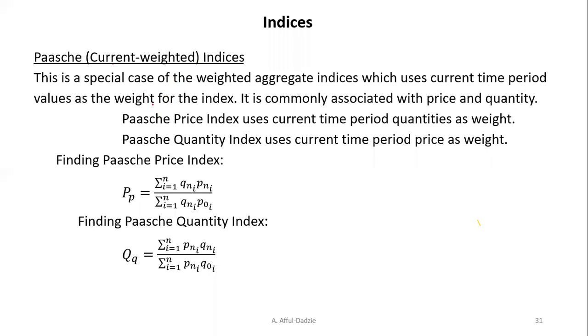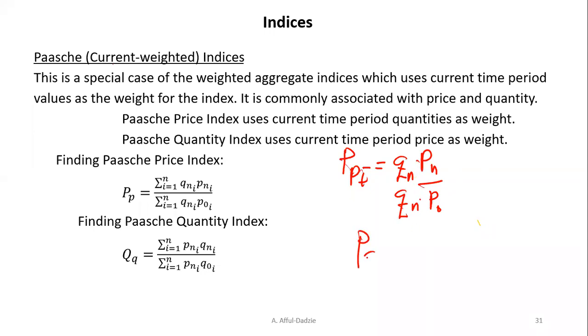Okay, so for this one, we are assuming that the current price and quantity are used as the weights. So if you are computing a Paasche price index, which we know is PN over PO generally, then we will use the current quantity as the weights.